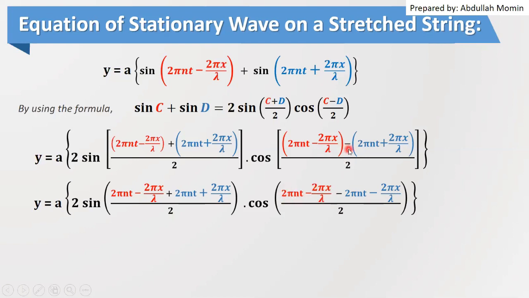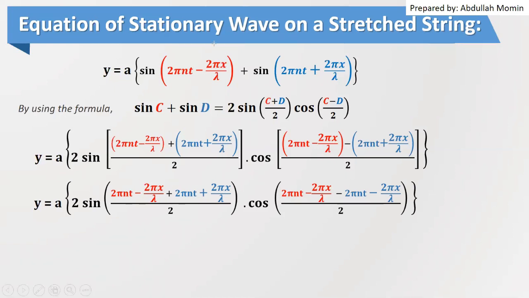But when this negative sign gets multiplied by this blue bracket, the 2 pi nt becomes negative, and the plus sign multiplied with the negative sign becomes negative. So we will write minus 2 pi nt minus 2 pi x upon lambda, and this whole bracket is divided by 2.